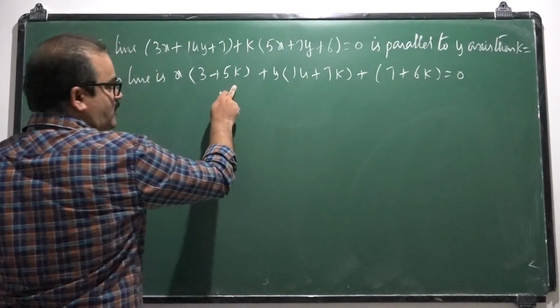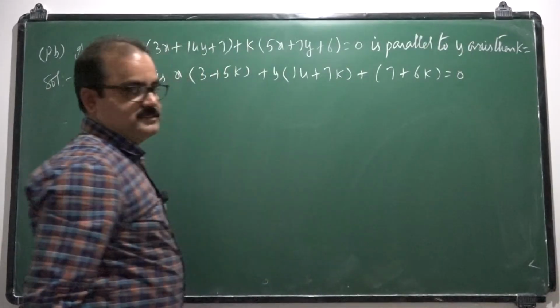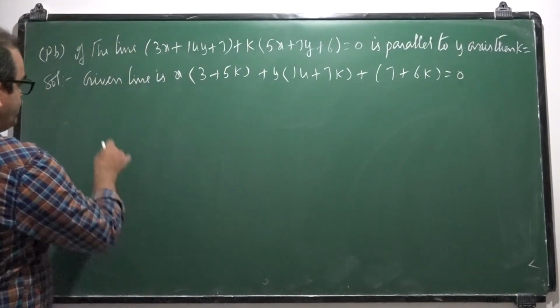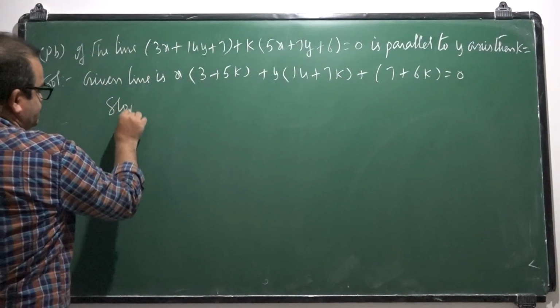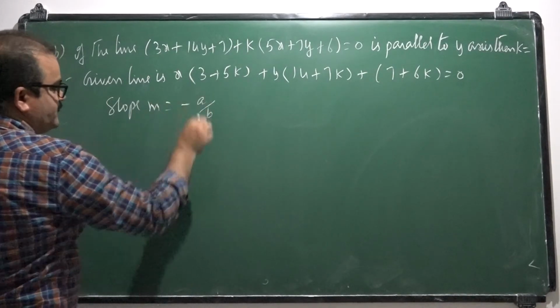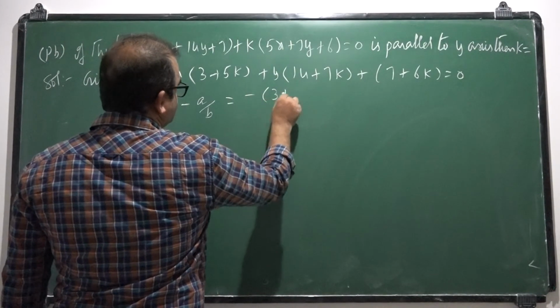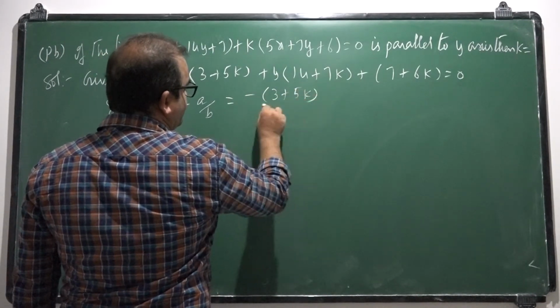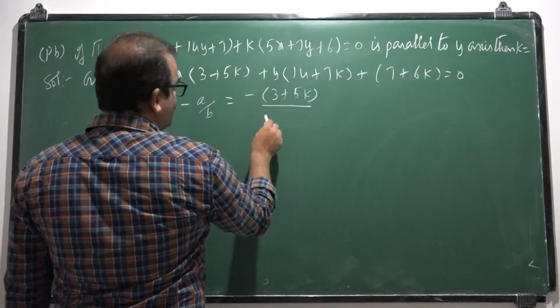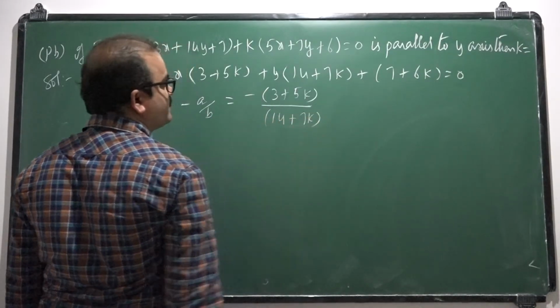It is in the form of ax + by + c = 0. The slope of this line is minus a by b, that is minus of the x coefficient (3 + 5k) by the y coefficient (14 + 7k).